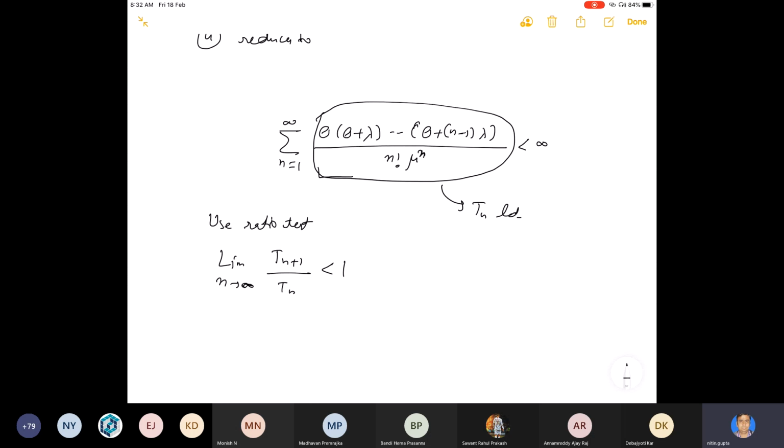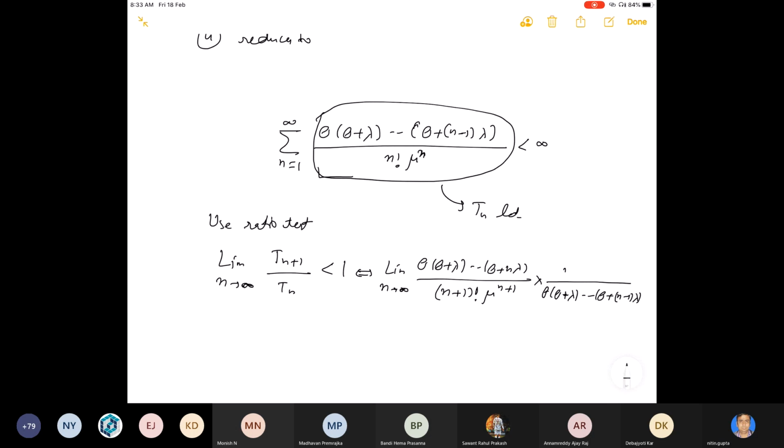So this is equivalent to saying that limit as n goes to infinity theta, theta plus lambda, theta plus n lambda, upon n plus 1 factorial mu raised to power n plus 1, because this is tn plus 1, and in the denominator we have tn, theta, theta plus lambda, theta plus n minus 1 lambda, n factorial mu n.